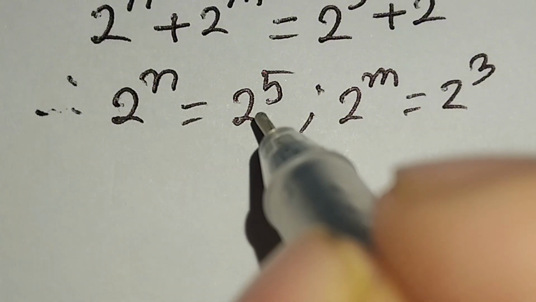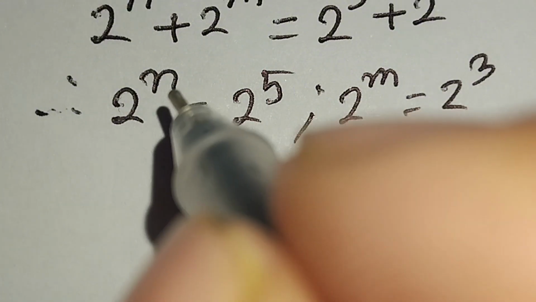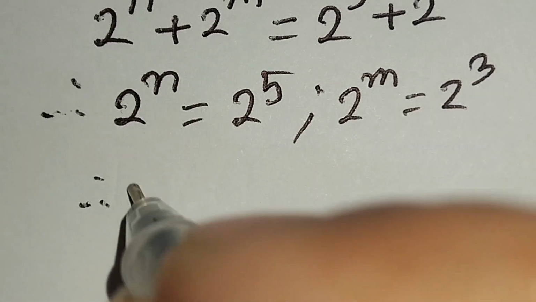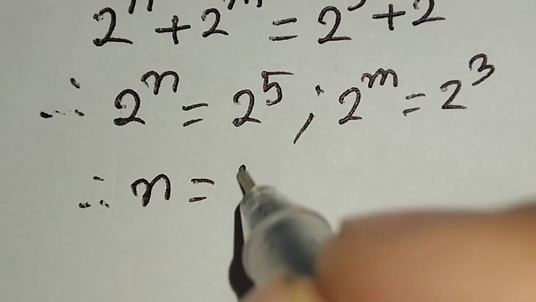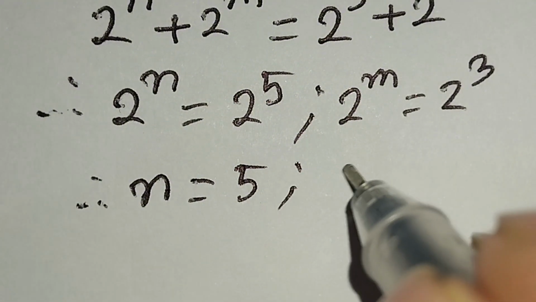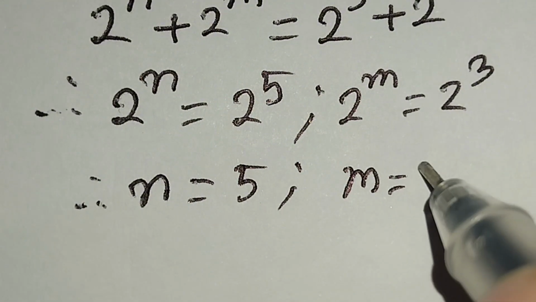Here both sides' bases are equal, so both sides' powers are also equal. Therefore n equals 5. Similarly, m equals 3.